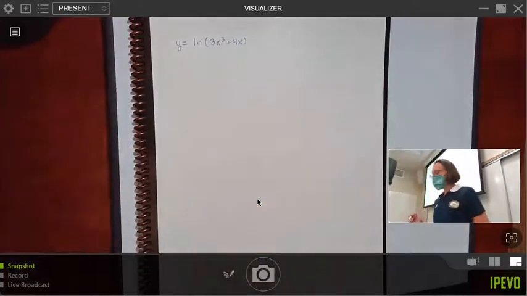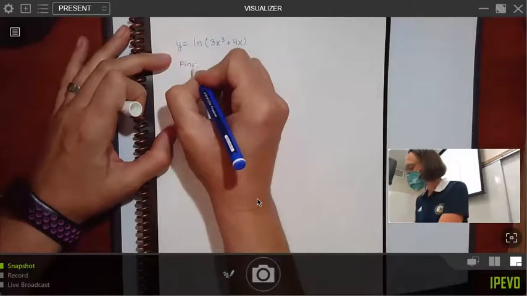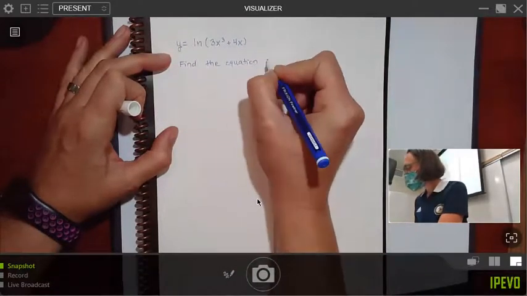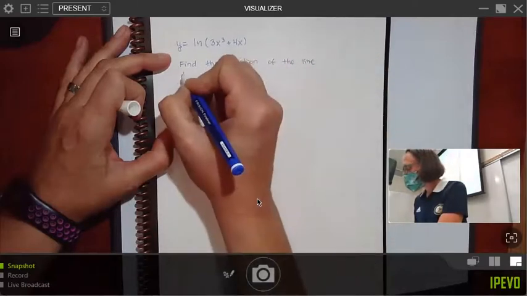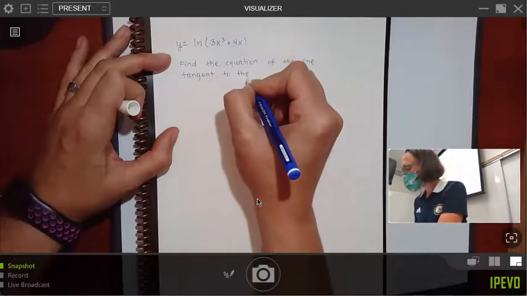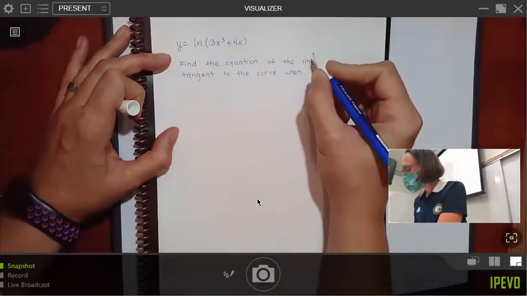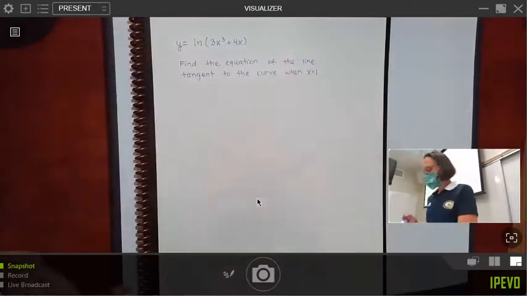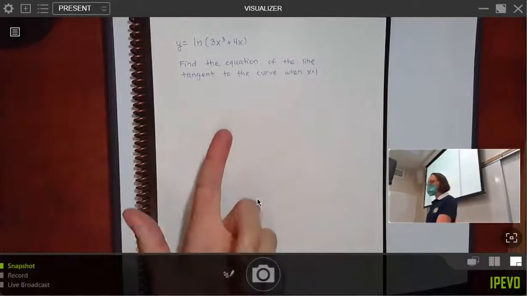And what I actually want to find is, let's find the equation of the line tangent to the graph of the curve when x equals 1. Well, if I graphed it, it would be a curve.